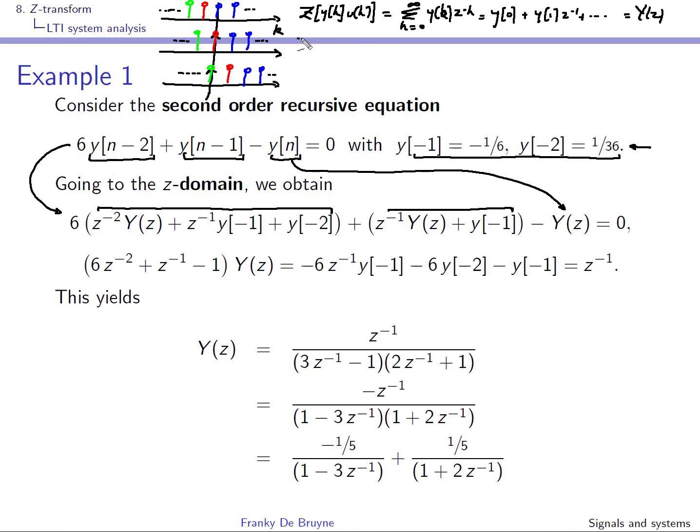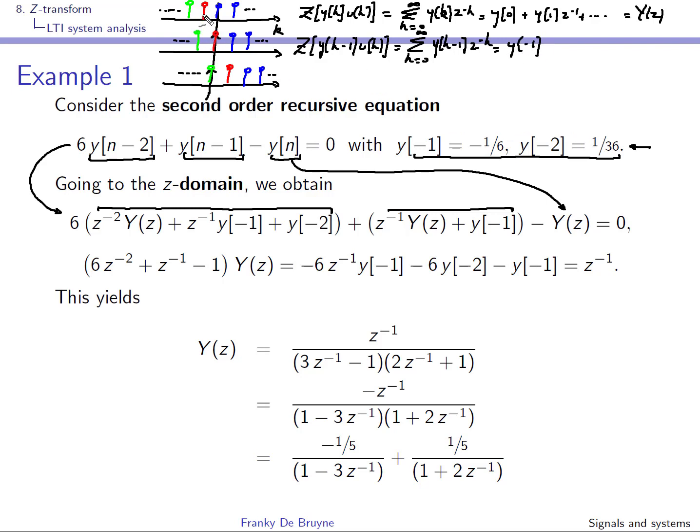So let us compute the z transform of y[k-1], the sequence shifted to the right by 1. It's still a one-sided z transform, so we need to multiply by u[k], and the definition is y[k-1] z^-k. If we look at the terms, the term that corresponds to k equal to 0 is y[-1]. This is correct.